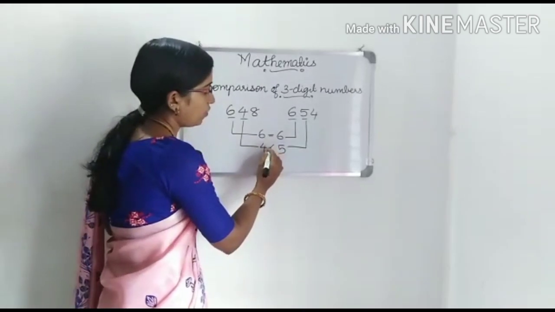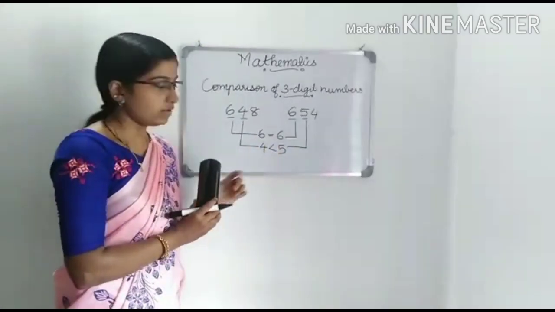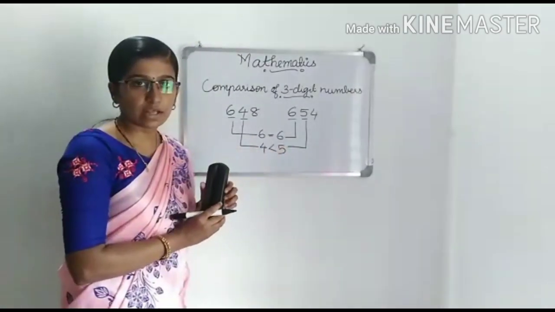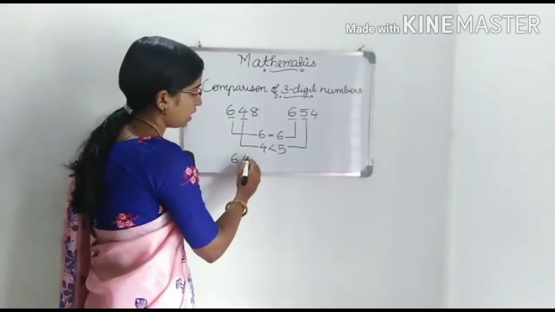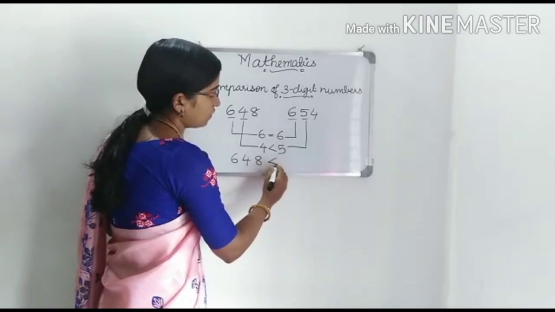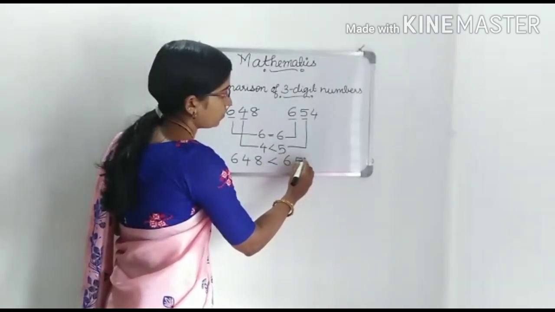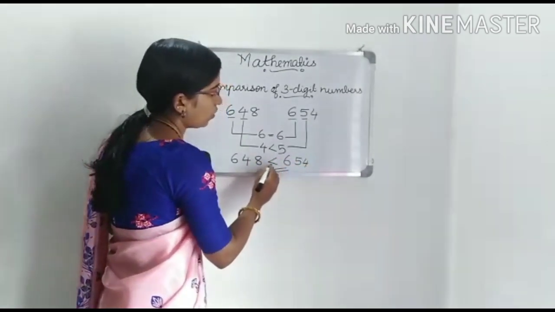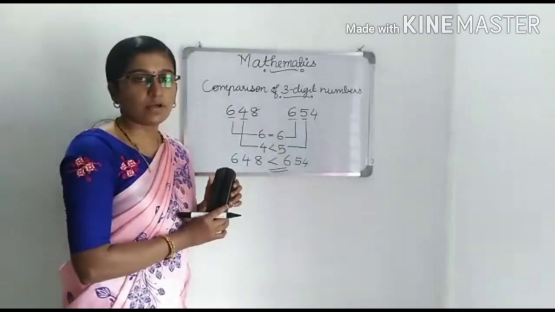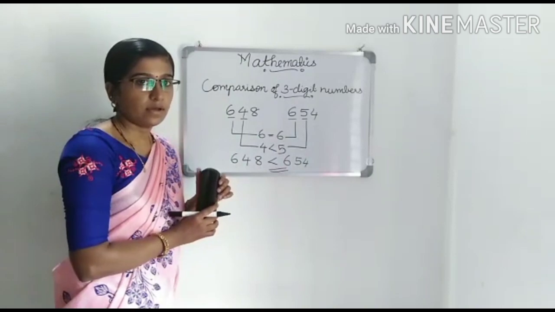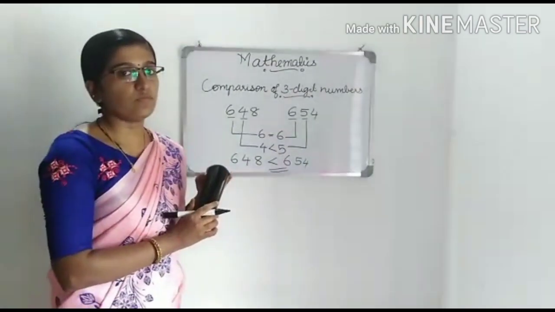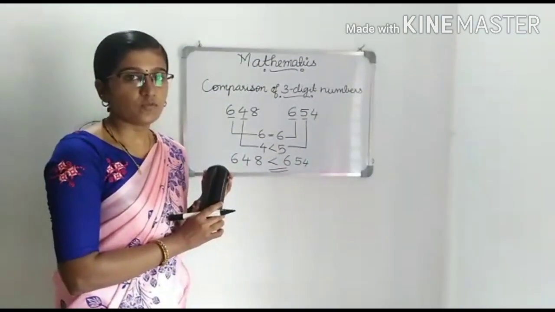So we can write 4 is less than 5. The first number 4 is less than the second number 5. So the number 648 is less than 654. Here the open end points towards the greater number 654. Is it clear, children? If the hundreds places are same, then we should compare the tens place.